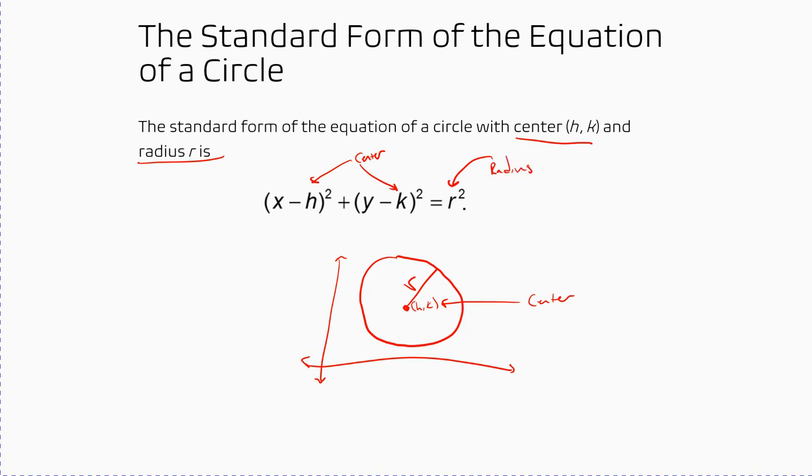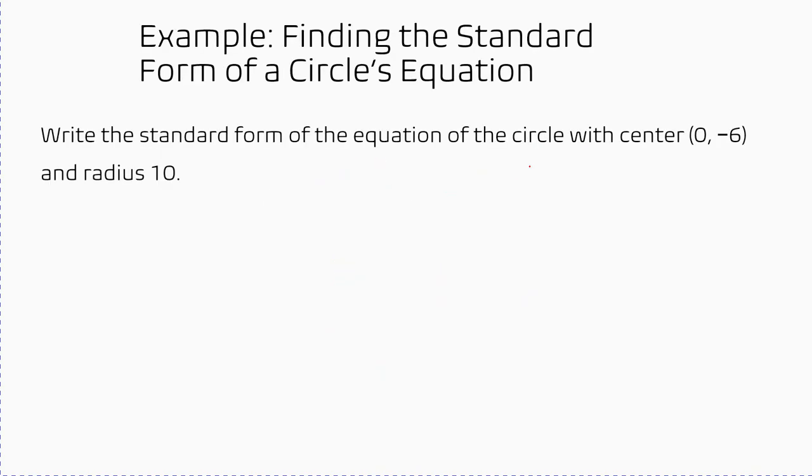All right, so what I'm going to do now is give you some information, and then we want to take that information and write the equation of the circle. Write the standard form of the equation of a circle with center, okay, so I'm giving you the center.